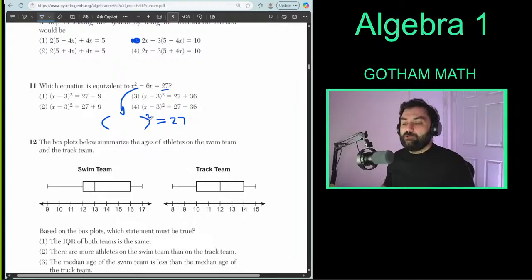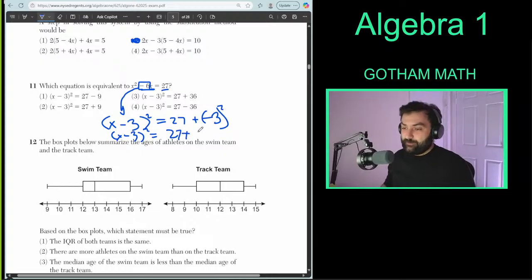And you always put x and half of that second piece, without x though. Half of that, minus 3. But what you have to do also is add that half squared to the right side. So x minus 3 squared equals 27 plus -3 squared, which is -3 times -3, which is 9. And that's it.